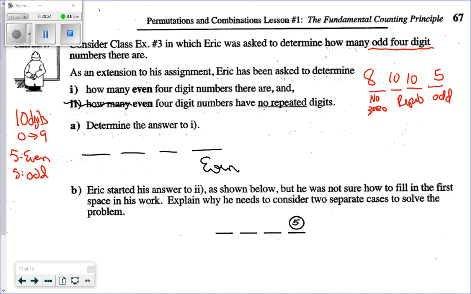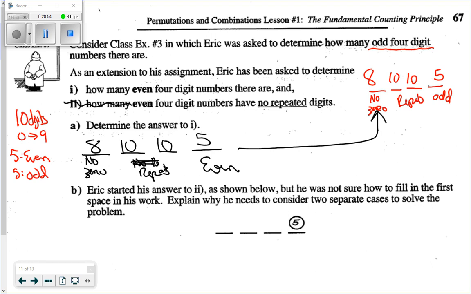Is it going to be the same as that? Yes, because there's 5 even and 5 odd. We can't start out with a 0. And then, sorry, repeats are okay. So that means these can be anything from 0 to 9. So 10, 10. We're not going to do part B. Part B is a Math 30-1 question. We're not going down that road.